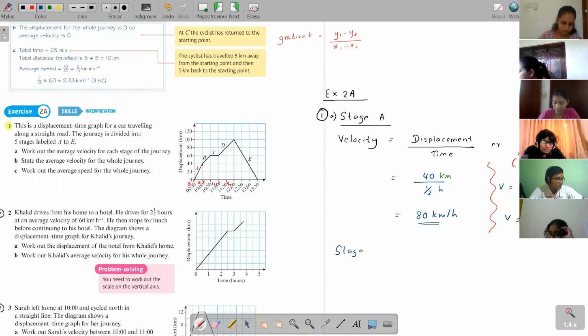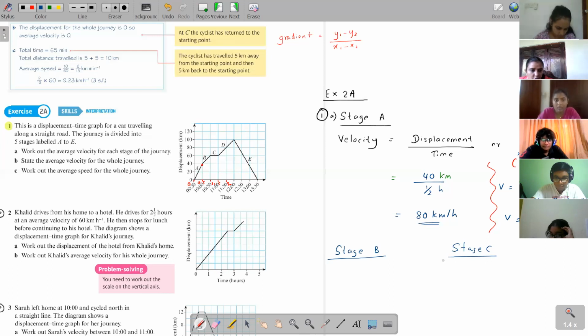You may use any method you prefer. If you prefer displacement over time, no problem, go ahead with that. If you prefer the gradient technique, go ahead with that. It's entirely up to you which method you choose. I want answers for stage B, stage C, and stage D and E. Send me answers on the chat.